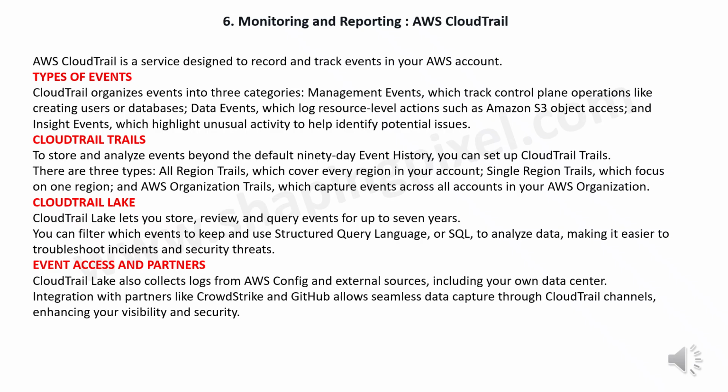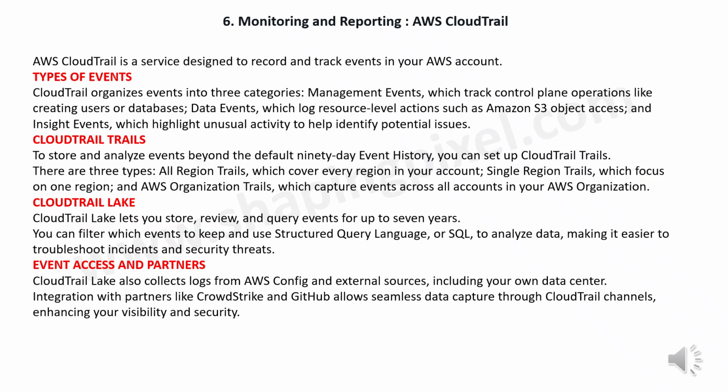CloudTrail organizes events into 3 categories: management events, which track control plane operations, like creating users or databases; data events, which log resource-level actions, such as Amazon S3 object access; and insight events, which highlight unusual activity to help identify potential issues.